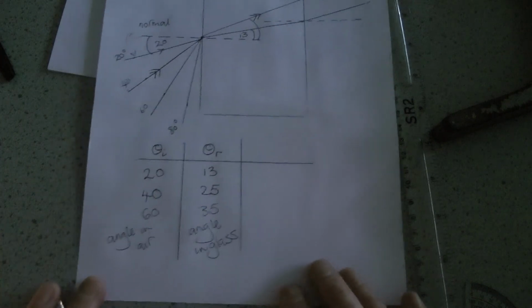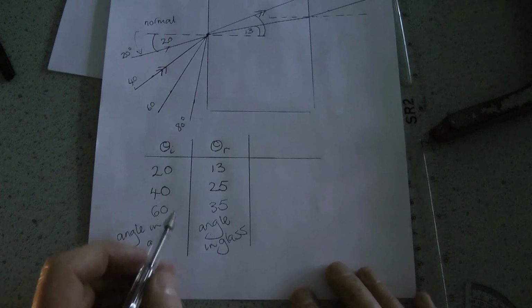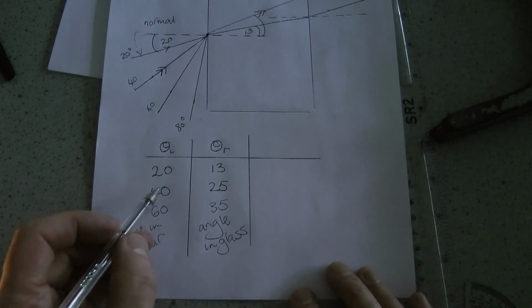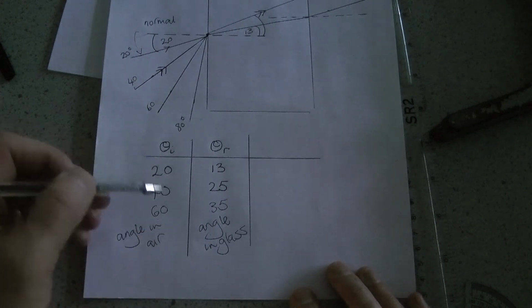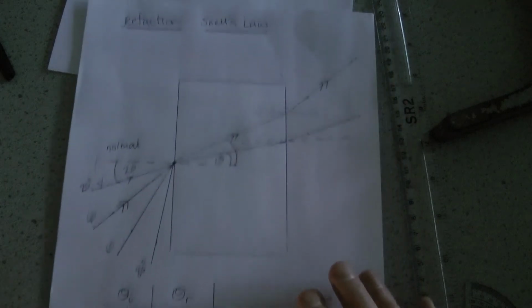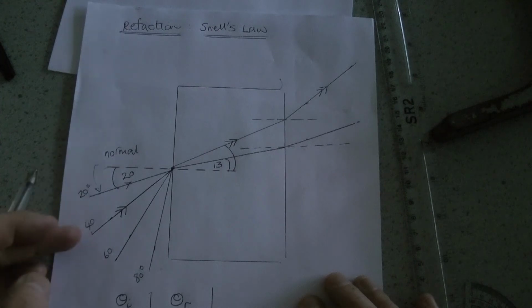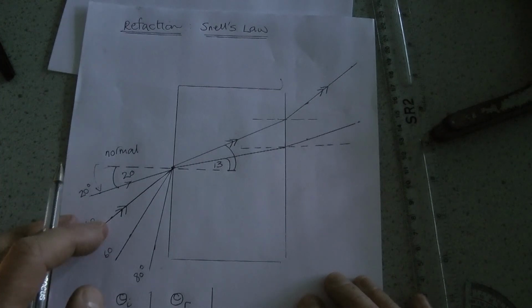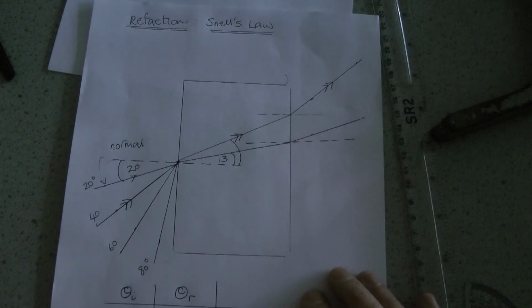And the big question is, what is the relationship? Is there some mathematical relationship between the angle in air and the angle in glass? And has it got something to do with the light? Has it got something to do with the glass?